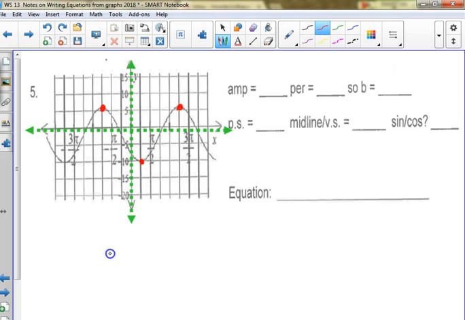Anybody figure out what the period is? I'm thinking it's 2 pi actually, because if I shifted this over to the right one, it would be at negative pi over 2, right?